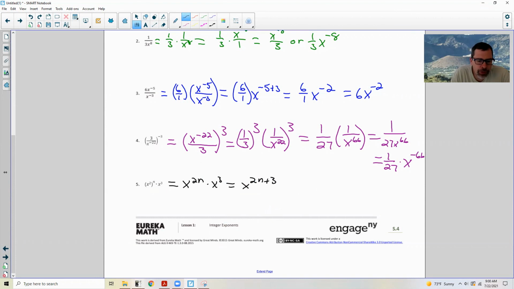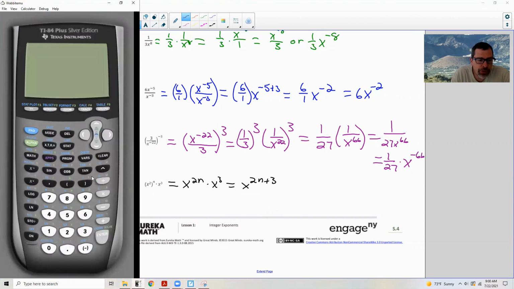Okay, and I'm going to do something here. I'm going to check this one too, because it has two variables. So we're going to leave x as 3, but we need to give n a value. And where is n on my calculator? Well, alpha is the green button, and you see these letters in green on here. N is right here. It's the log button. So I'm going to do parentheses, x squared.